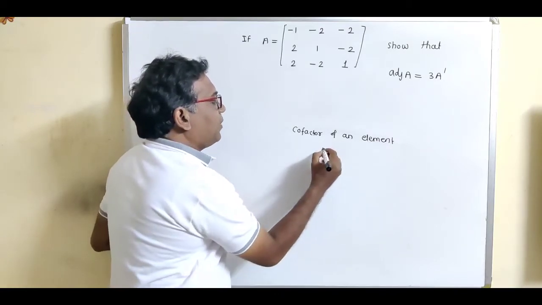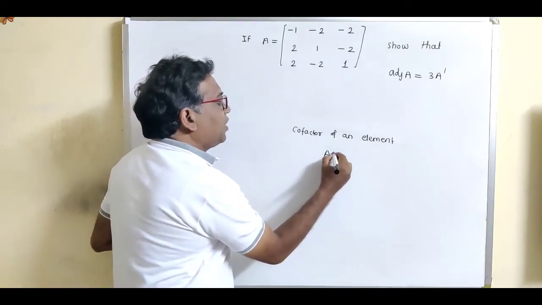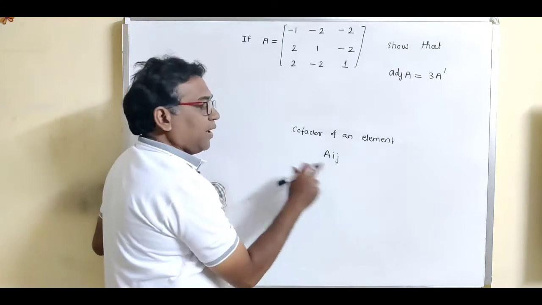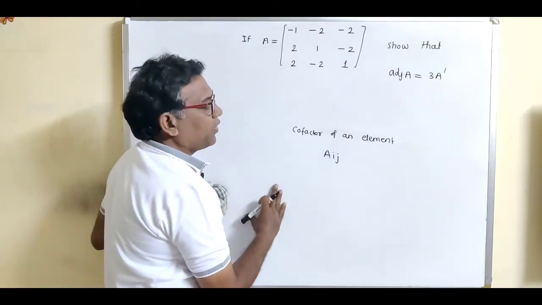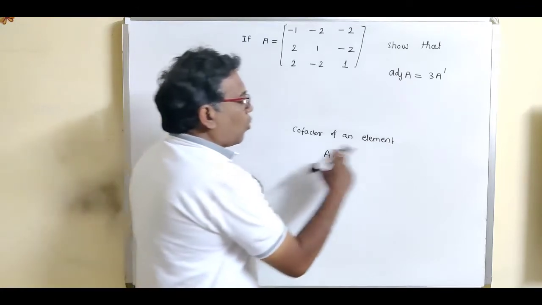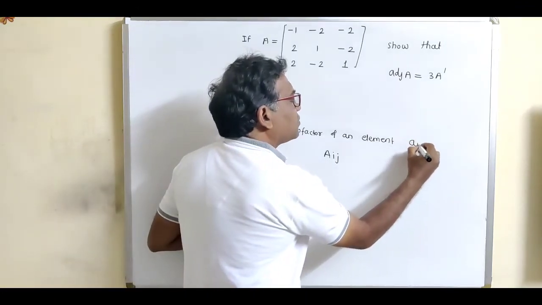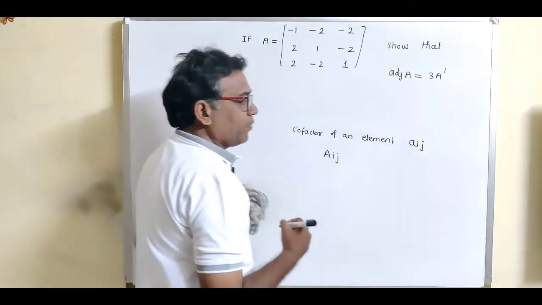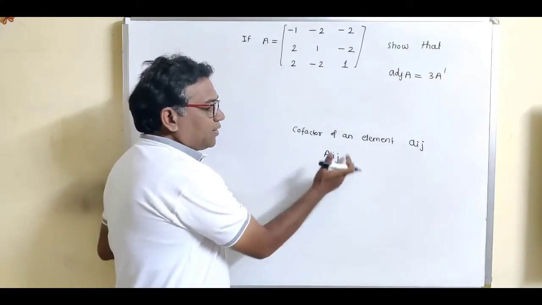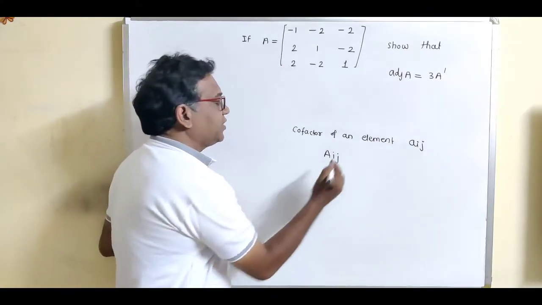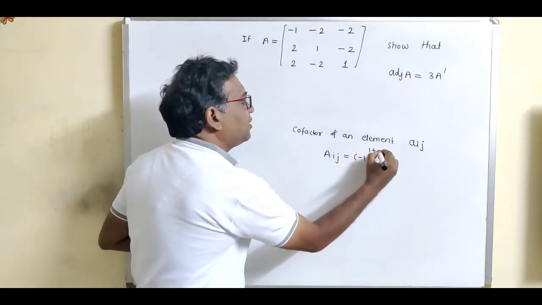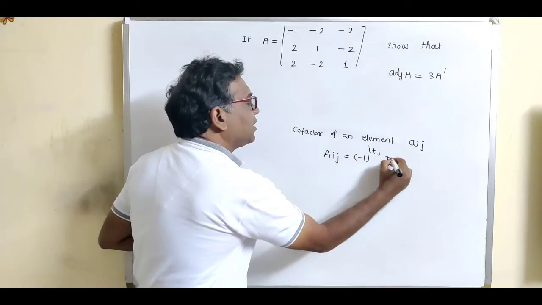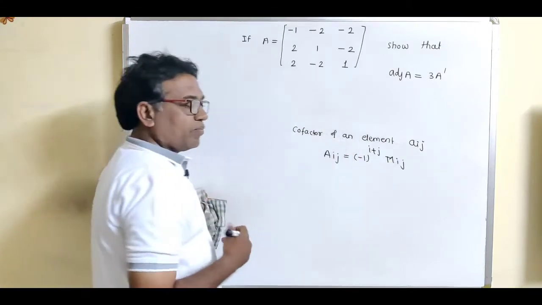Cofactor of an element small Aij is denoted by the notation capital Aij and it is given by the formula -1 raised to i plus j into Mij.